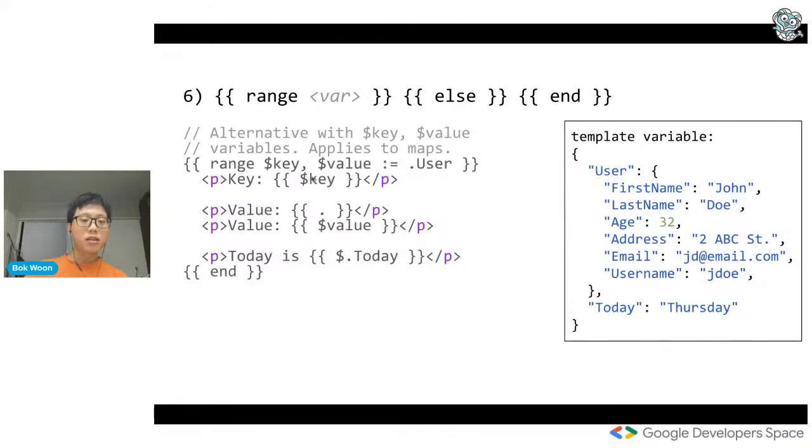So the key, and then the dot is set to the value. For maps, if I'm not wrong, if the key is sortable, it will be iterated in sorted order. Otherwise, if it's not comparable, meaning they can't be compared using the double equal sign, then it won't be sorted.